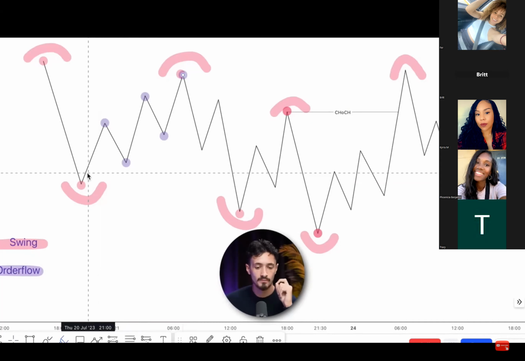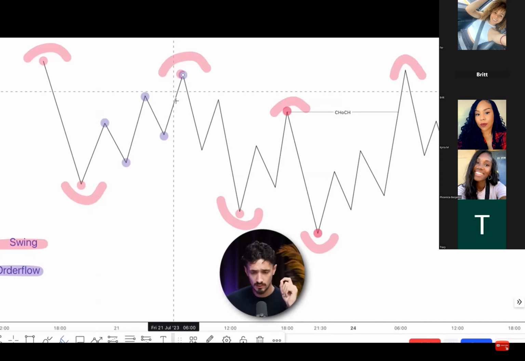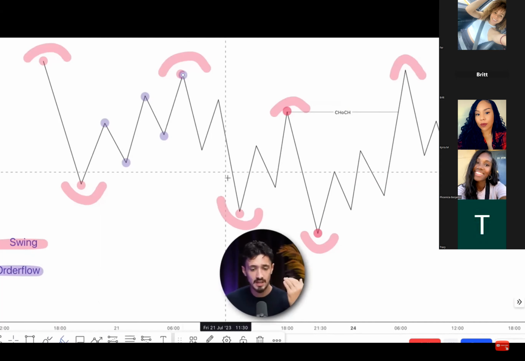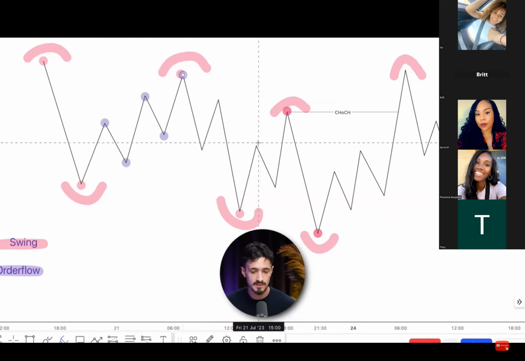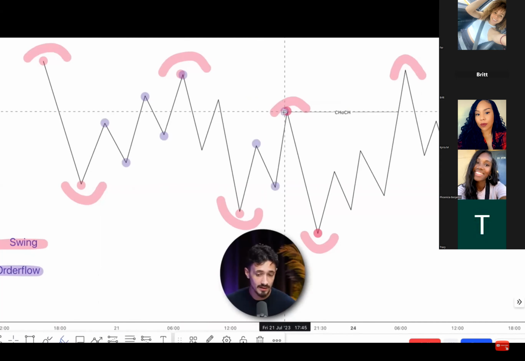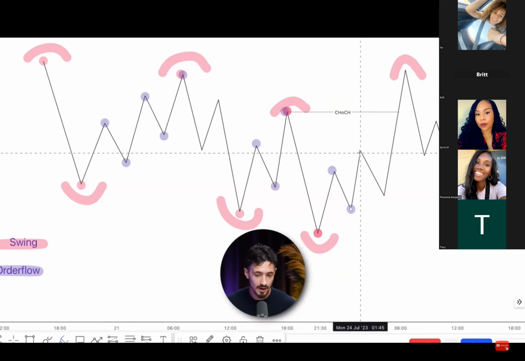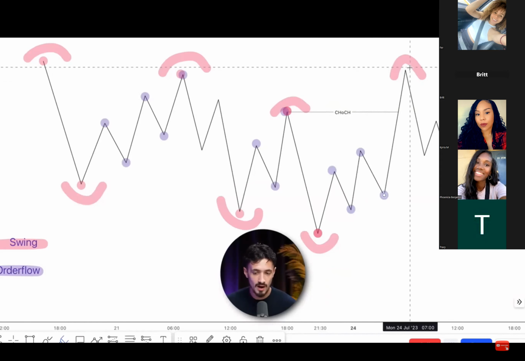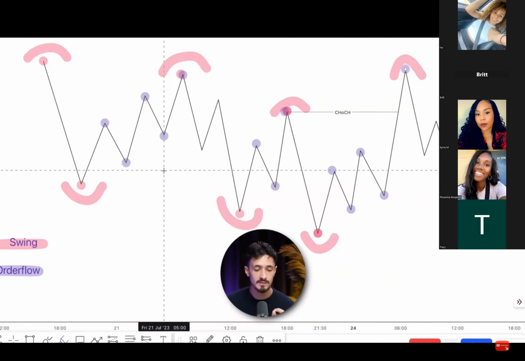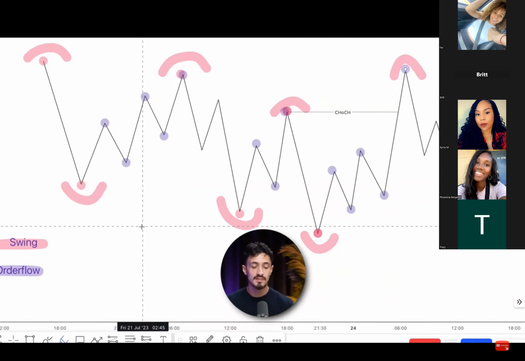Simple concept. Now, again, let's ignore this. Again, price puts in a lower low. Then what happens? Price puts in a high, higher low, and higher high. Then price pulls back. Price puts in a high, higher low, higher high, higher low, higher high. Notice that all of these points that I'm referring to as order flow are actually the pullback phase of the swing leg.